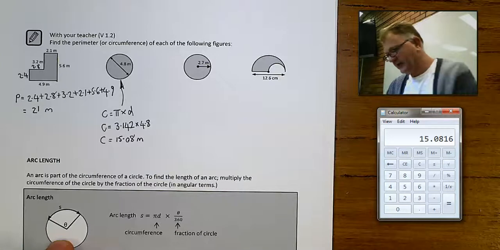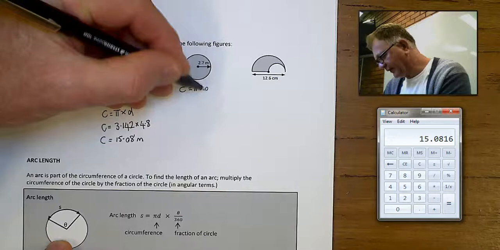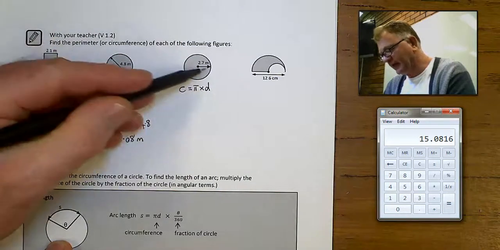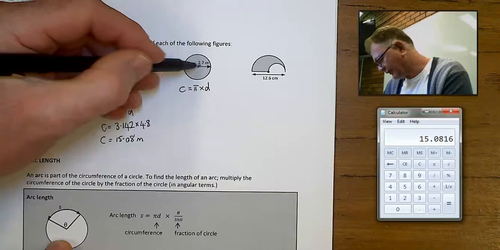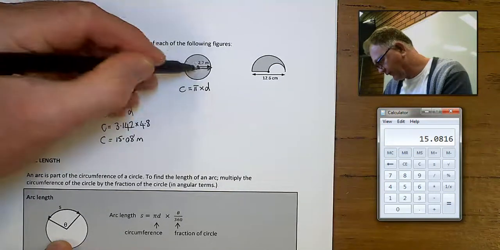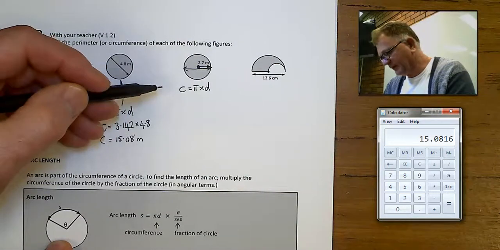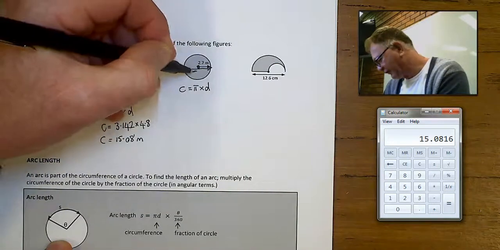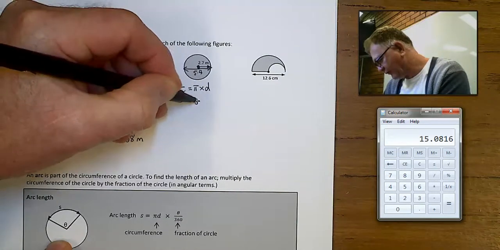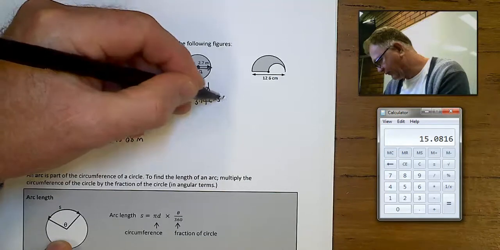Another circle. If I'm using the formula circumference equals pi times the diameter, I'm going to need to know the diameter. Here we've got the radius marked. So before I start, I really need to know the distance all the way across that circle by the centre, and of course it'll be double 2.7. Double 2.7 equals 5.4. Do it in my head. And so it's equal to 3.142 times 5.4.